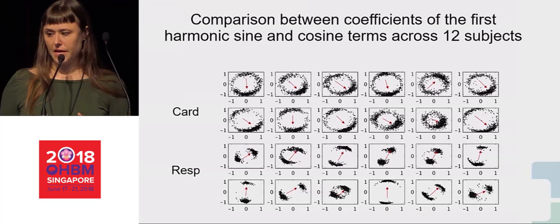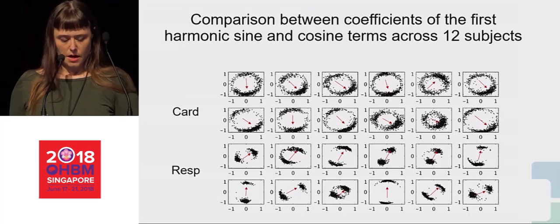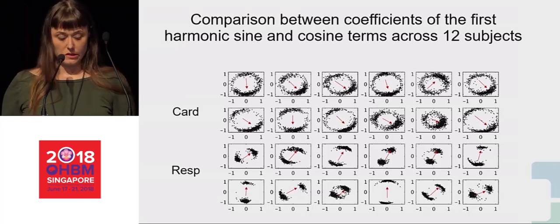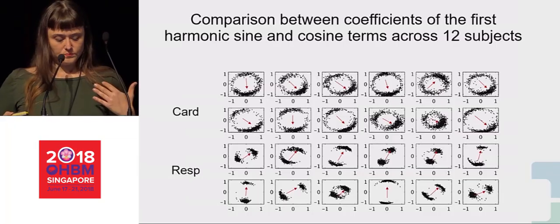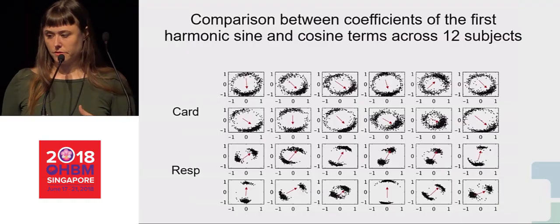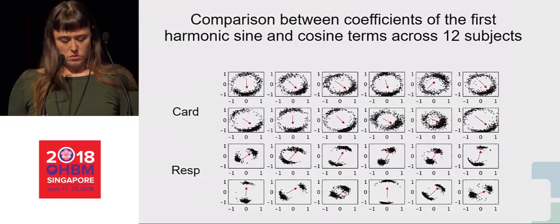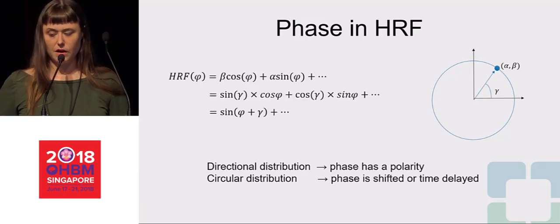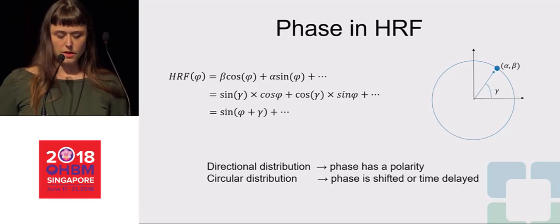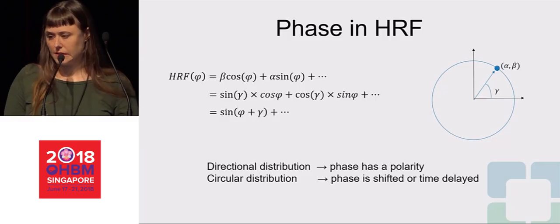And here's the same data in 12 subjects. You can see that it's really consistent. There's this anisotropy, and the anisotropy is stronger in the respiratory coefficients. So what does this mean? The ratio of the alpha and beta coefficients in the sine and cosine equations indicates the constant phase of the signal.